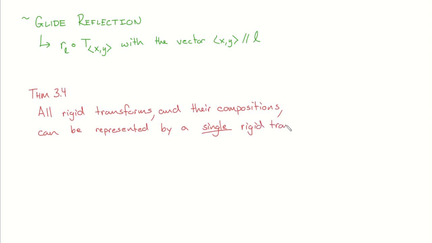Now, we've already seen this a couple of times. And we've only seen 2 really specific cases of this, but any rigid transform and composition thereof can be represented by a different one-step process of a single rigid transform.